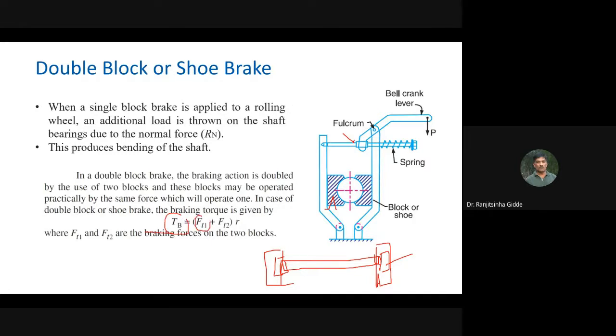The tangential braking force produced by the first block and by the second block, the summation of these two into R, where Ft1 and Ft2 are the braking forces on these two blocks. So this is about the double block and shoe brake.